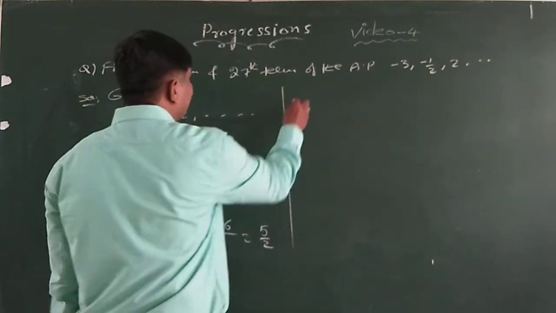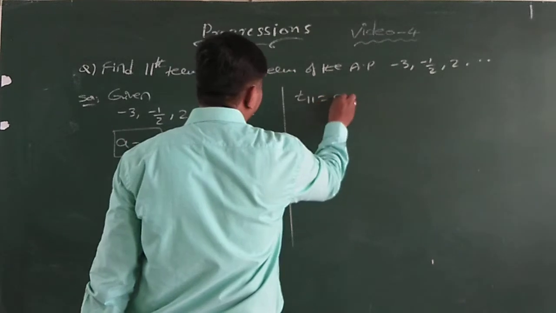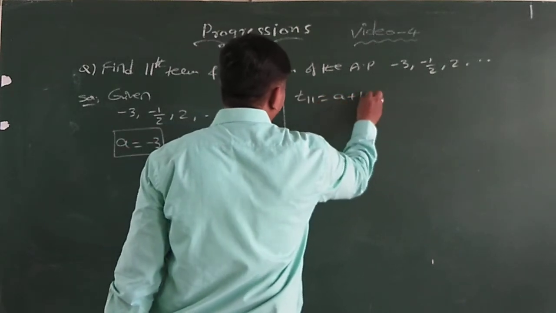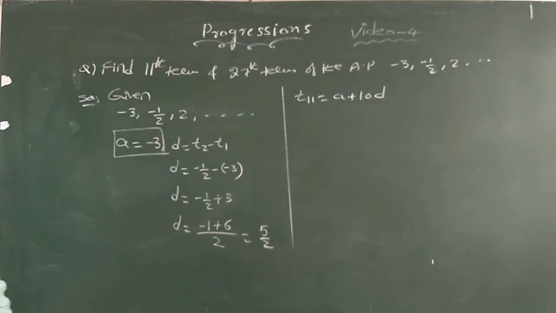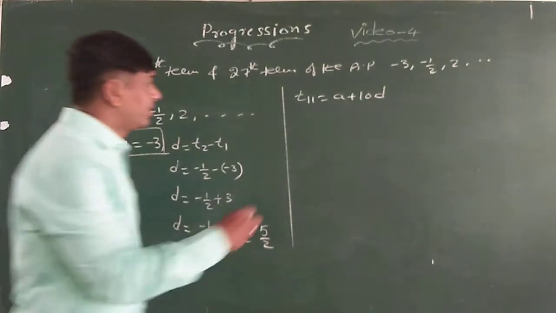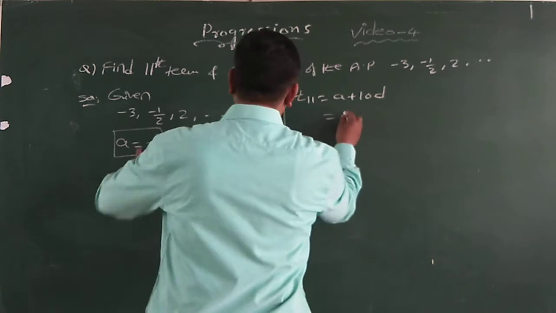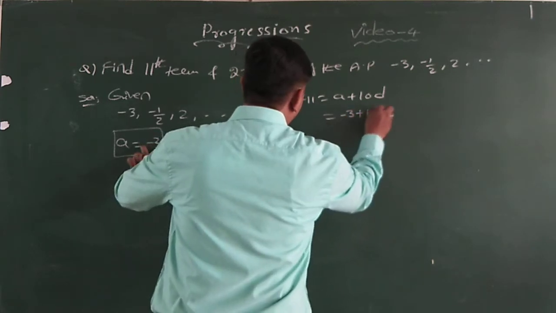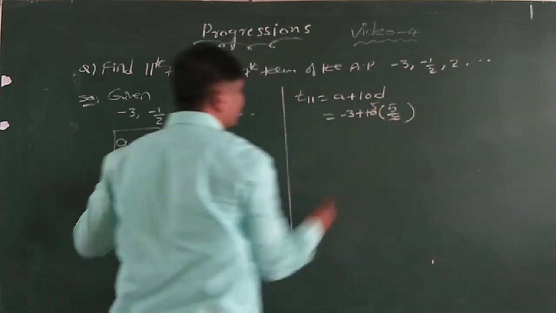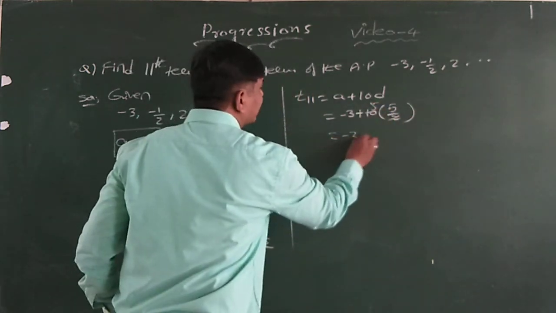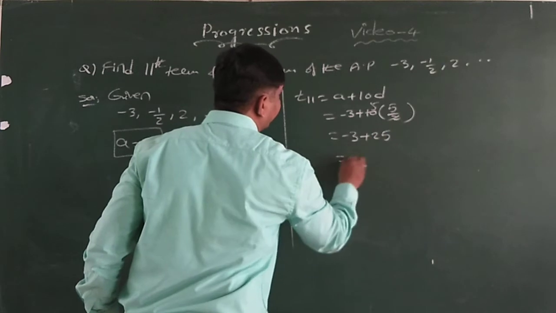Now we need to find out the 11th term first. T11 is equal to A plus 10D. Substitute the values here. A is minus 3 plus 10 into D value, which is 5 by 2. 2 ones, 2 5s. That is equal to minus 3 plus 5 5s are 25.